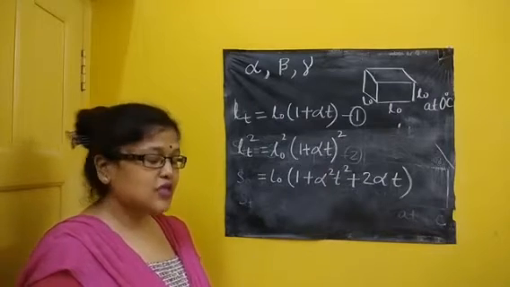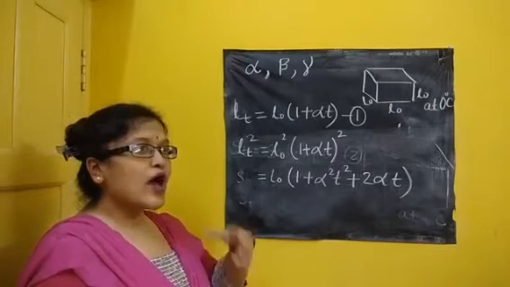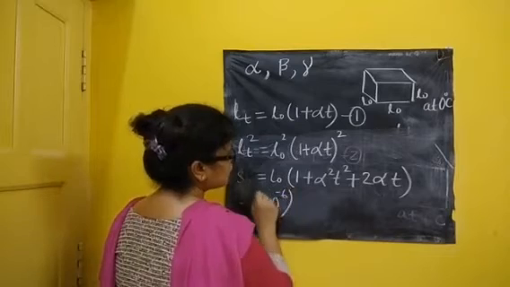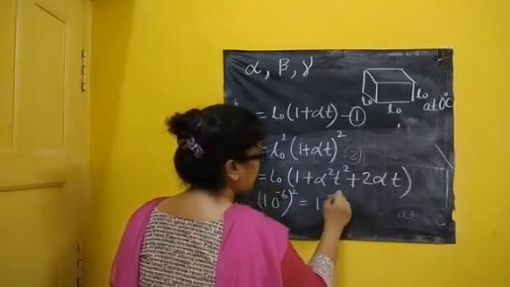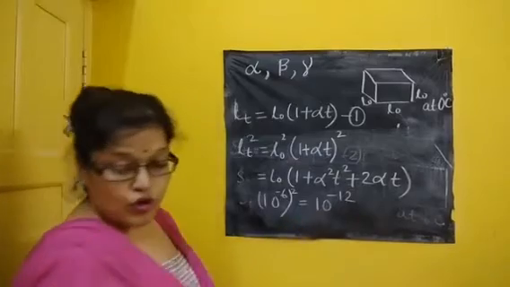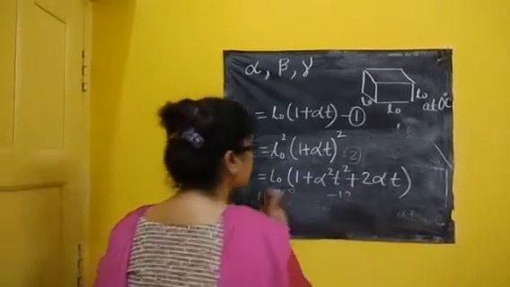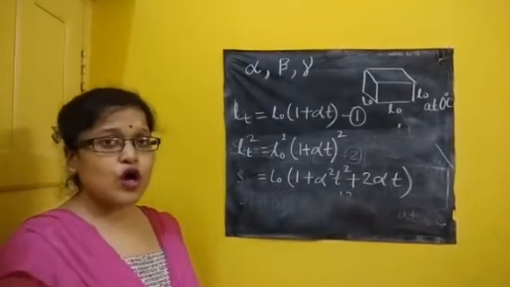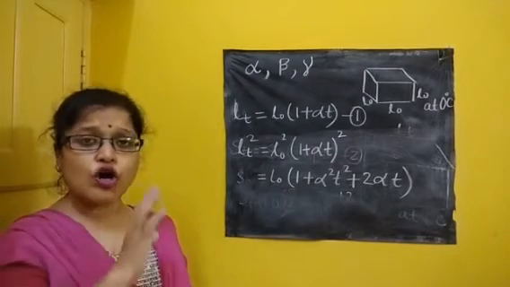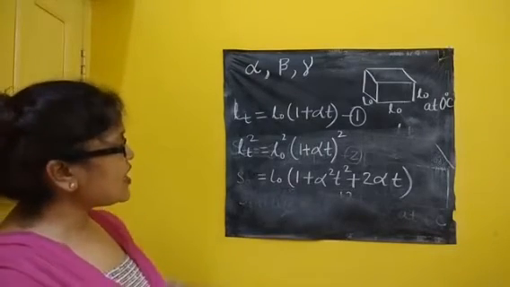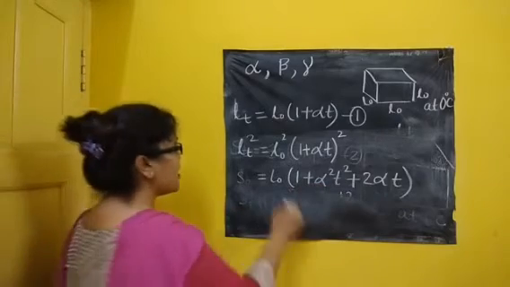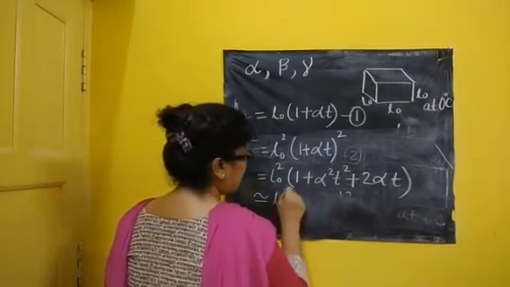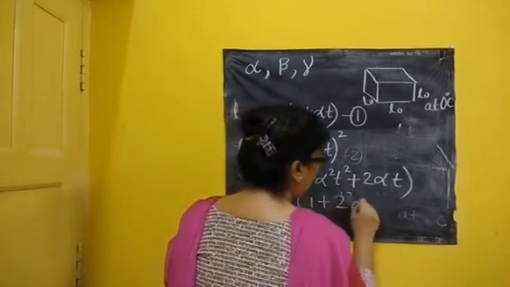If I square it, I get 10 to the power minus 12, which is even smaller and doesn't affect normal calculation. So I can neglect alpha square t square. I can write approximately LT square equal to L0 square (1 plus 2 alpha t).